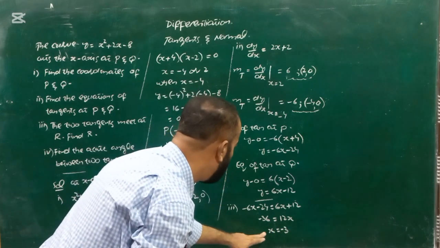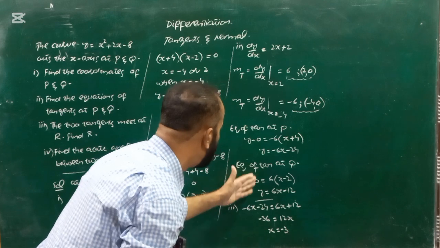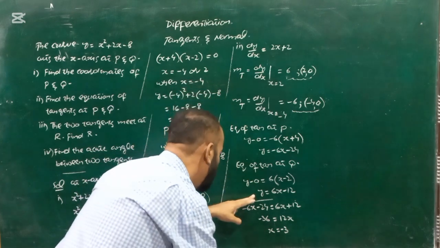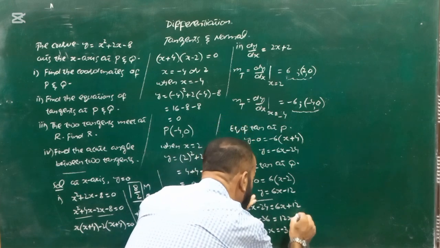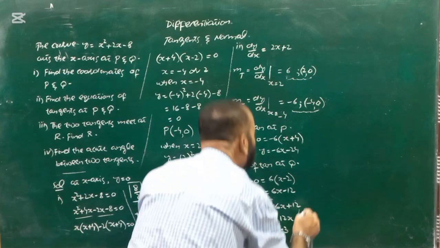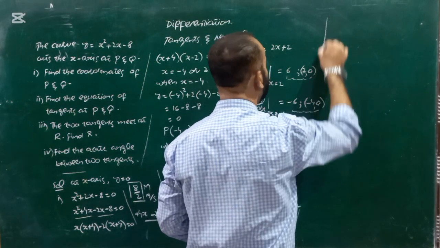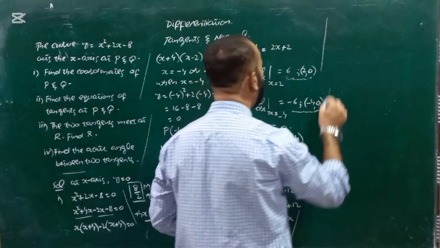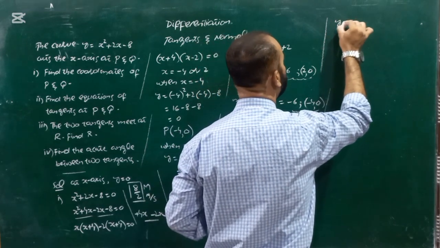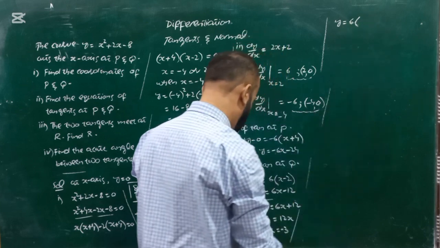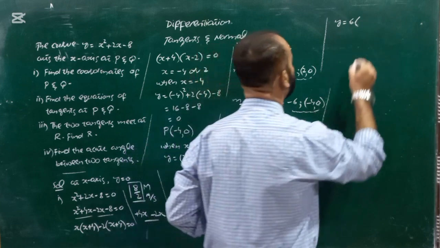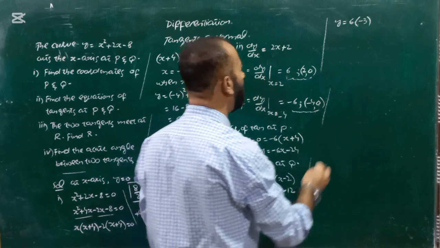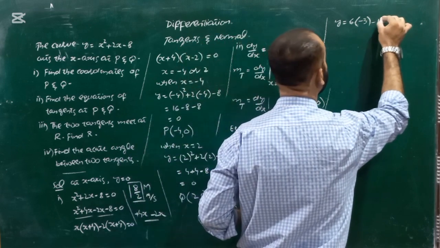So put this value of x in any one of the tangents. For example, we are putting here. So y is equal to 6 into x, x is minus 3, and this minus 12 will remain as it is.